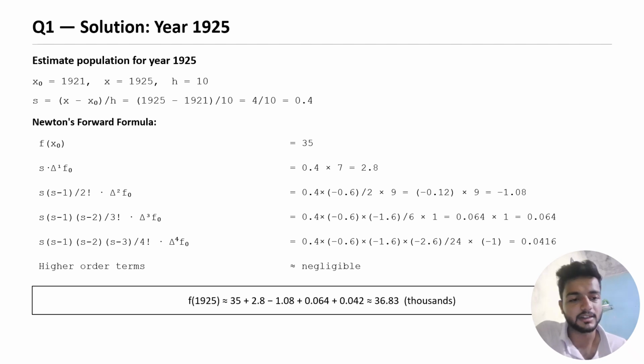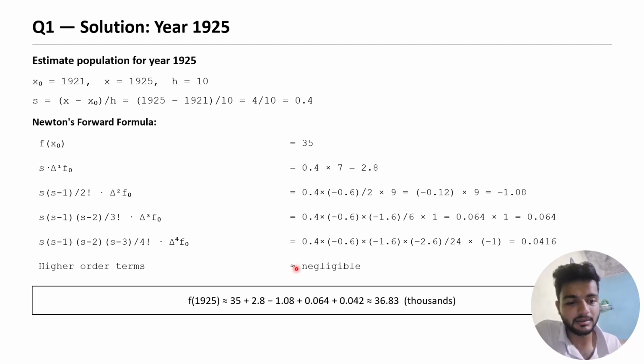So we get the values which we need for Newton's forward formula. f(x0) is equal to 35. s times delta f0 is equal to 2.8. s into (s minus 1) divided by 2 factorial multiplied by delta square f0 equals minus 1.08, and so on.